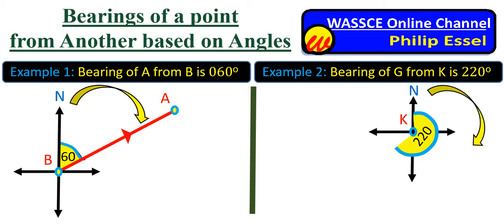So the angle yellow would represent 220 degrees. It's now time for us to draw our arrow diagram from the point K to the point G. Let's look at the next example.